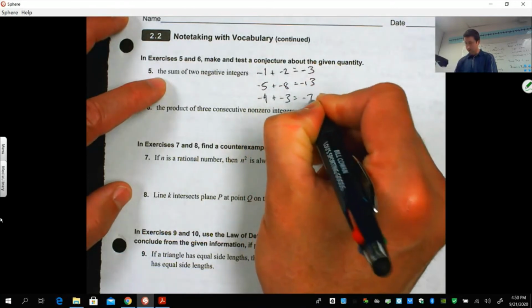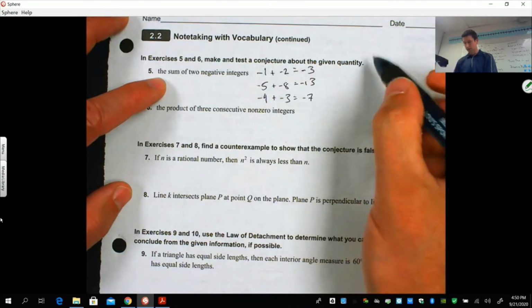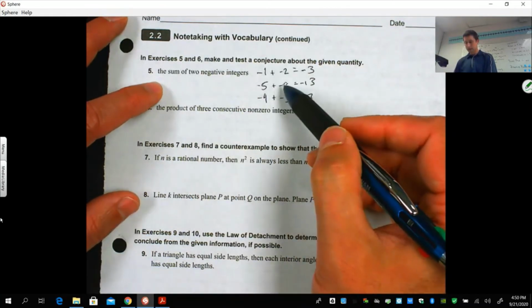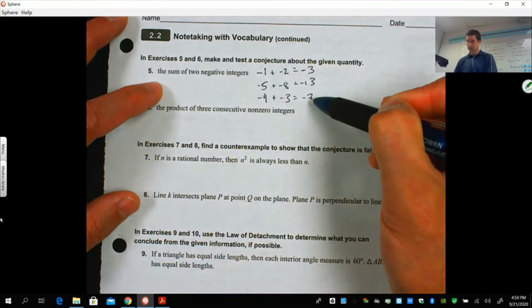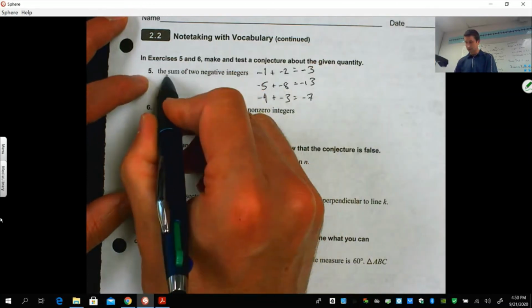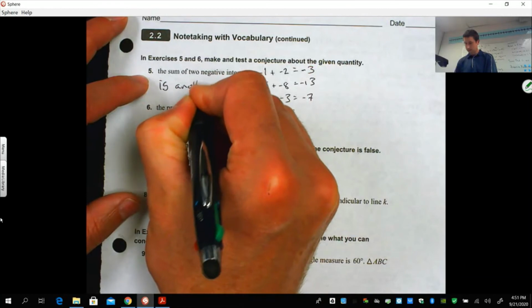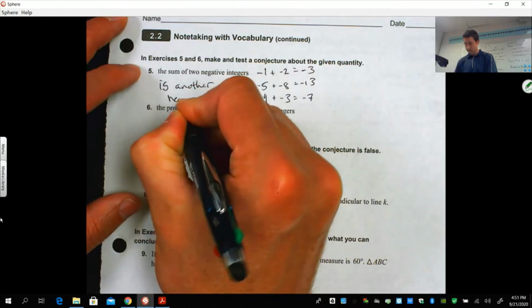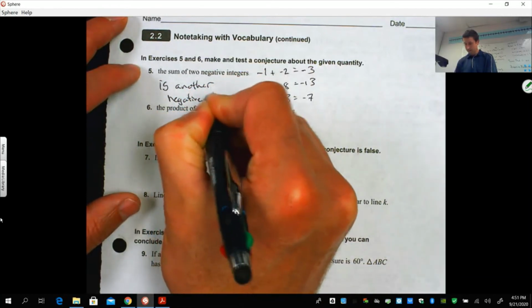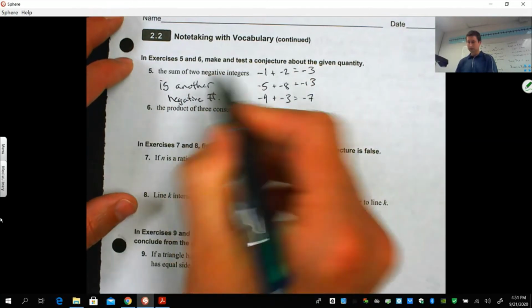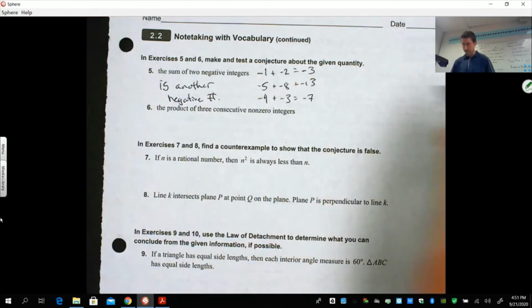That equals -7. So we're doing several examples here, and I notice they're all negative. So my conjecture is the sum of two negative numbers is another negative number. That's my conjecture. Sum of two negative integers is another negative number or integer.